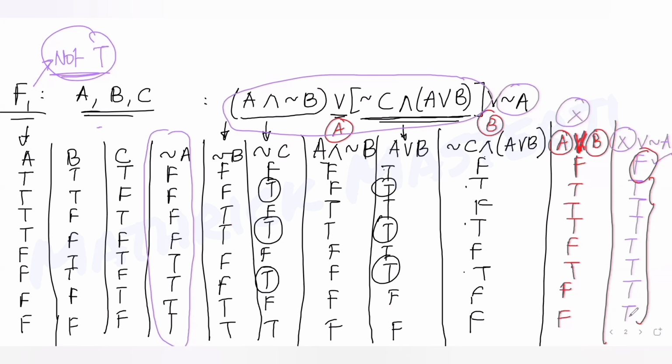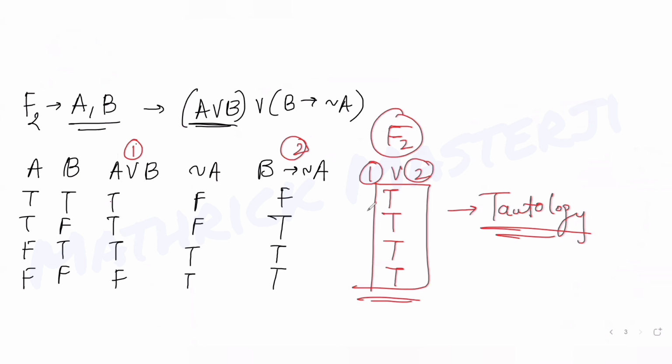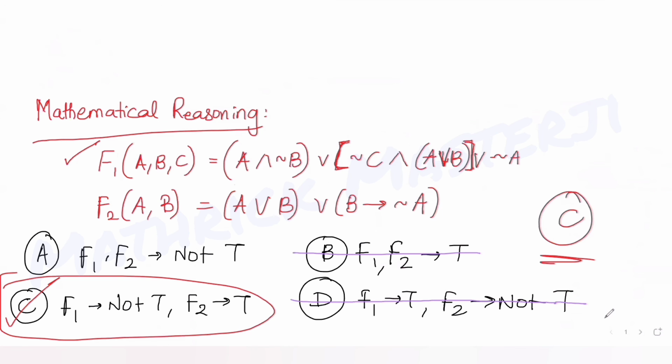So that does not make F1 a tautology. But when I solved for F2, making the truth table, I got all the entries in the end for that entire statement as true. So that makes it a tautology, and you get statement 2 is a tautology, but statement 1 is not. So you get the correct answer for the question, and that matches with option C.